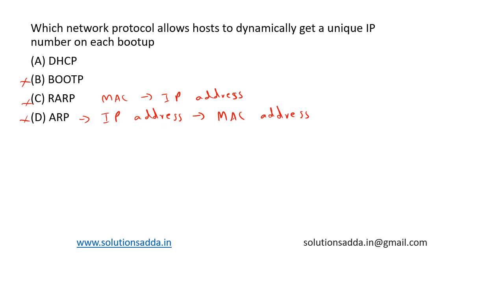DHCP stands for Dynamic Host Configuration Protocol. The main difference between DHCP and BootP is that the table need not be static in DHCP. That is, we create a table in the process of assigning IP addresses. This table need not be static and it is dynamic. So DHCP is very popular and it is even used by most ISPs, where we do not need to have a private IP when we use DHCP.